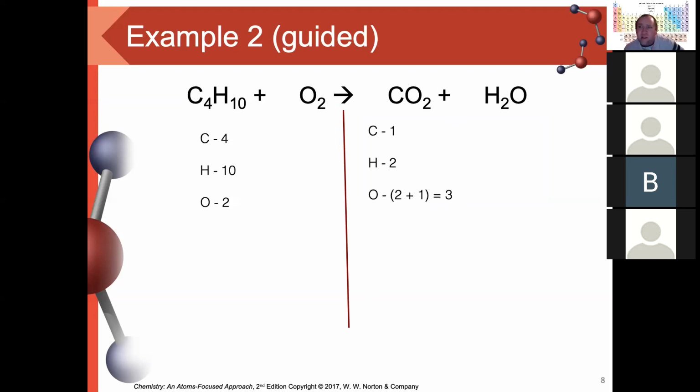And so again, this is where things are a little bit more confusing because unlike in the previous ones, we've got oxygen in multiple places. So it's gonna be a little bit tougher to balance.